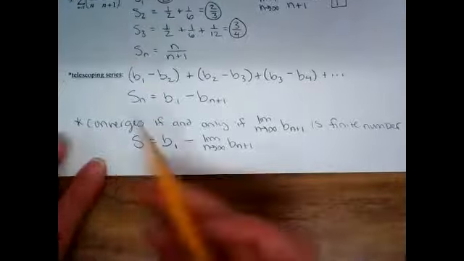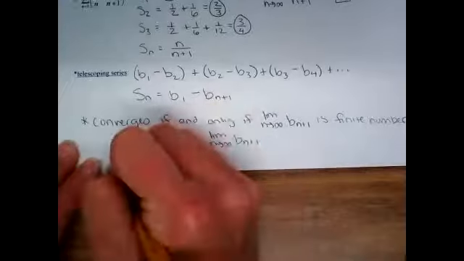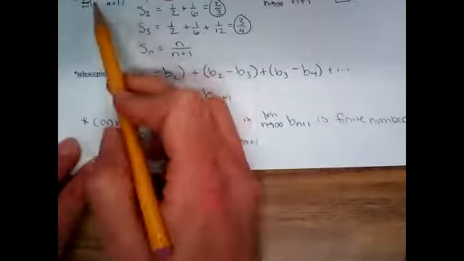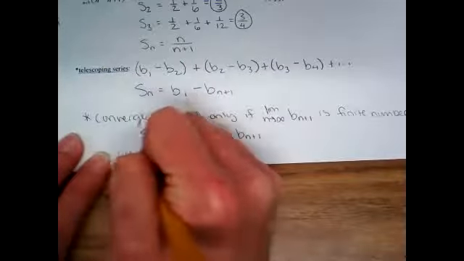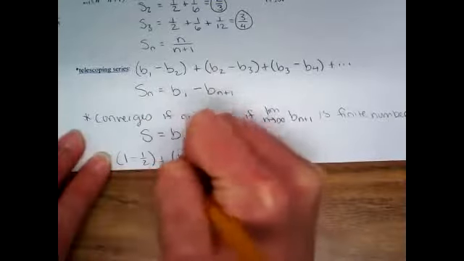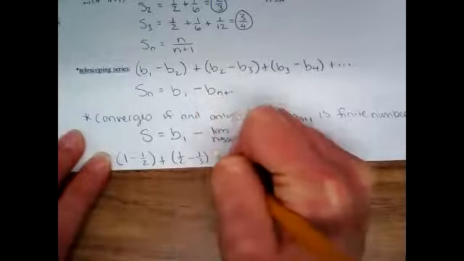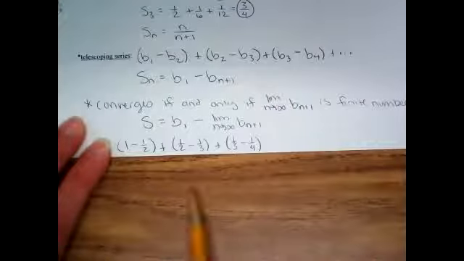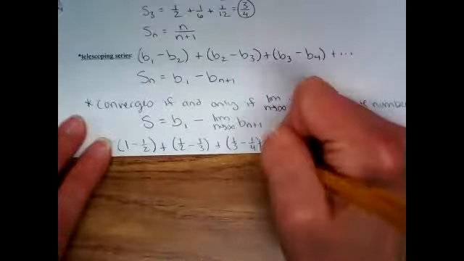All right, so if you look at the one that we just did, what did it come out to? What was our first one? If you plug in 1, 1 minus a half will be that first one, plus a half minus a third, plus a third minus a fourth. That's the one that we just did.